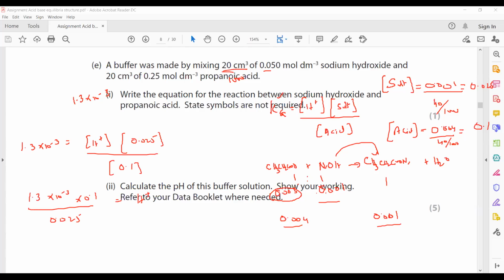What is the hydrogen ion concentration now? 1.3 exponent minus 3 multiplied by 0.1 divided by 0.025 gives 5.2 exponent minus 3. That is the hydrogen ion concentration, but you need a pH. pH is equal to minus log of the hydrogen ion.